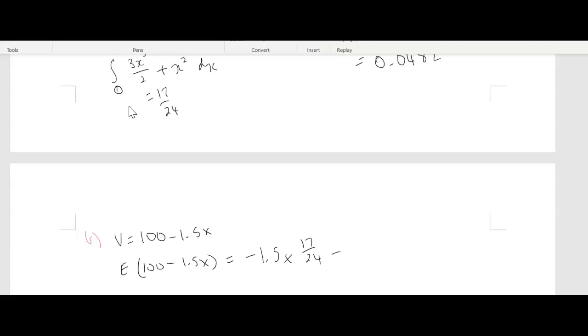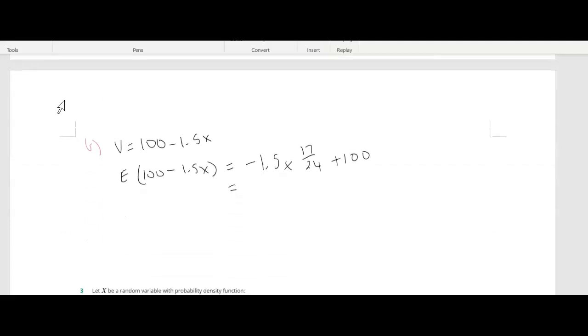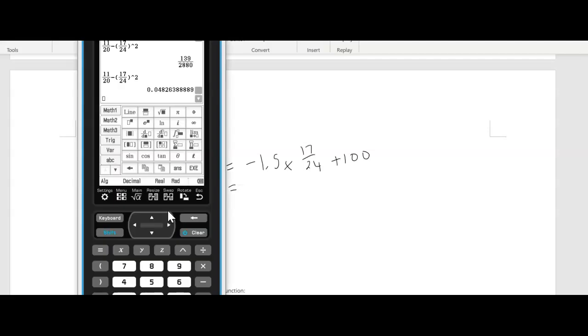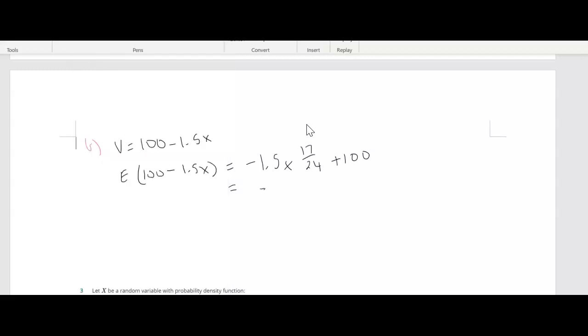And then we just add B, which is 100. And then we can just do that on the calculator. All right, so 98.94, because it's dollars, so $98.94.